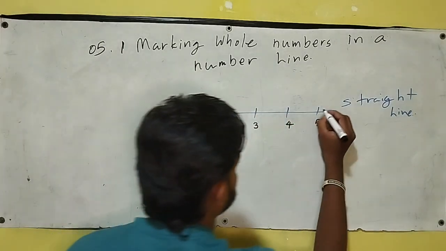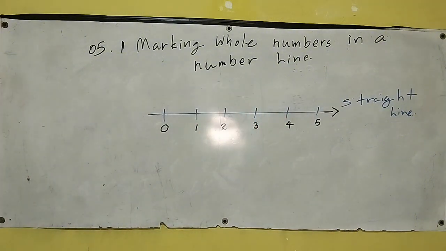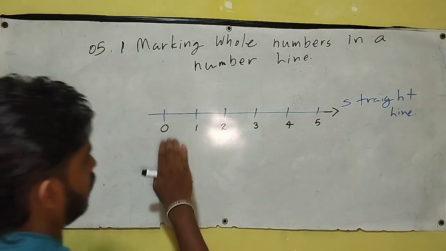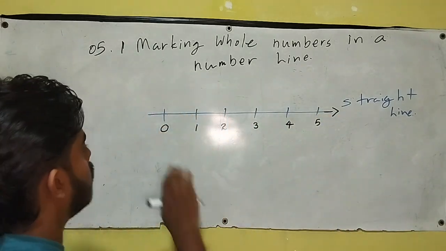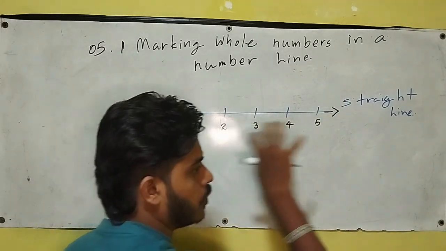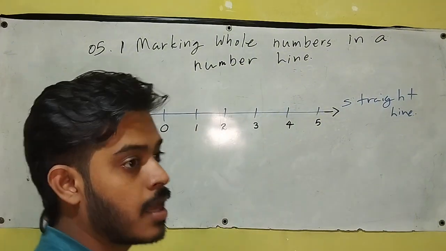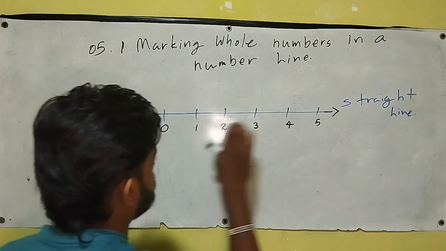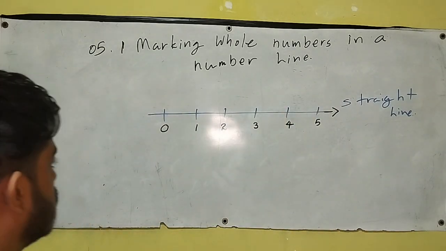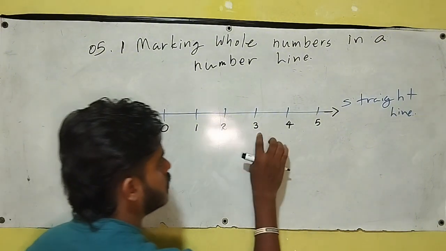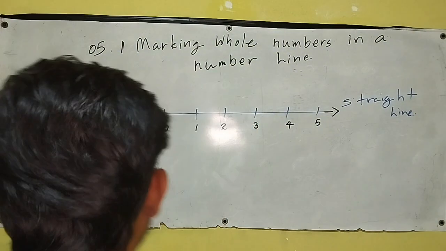Here put this arrowhead. This is the beginning of the number line.